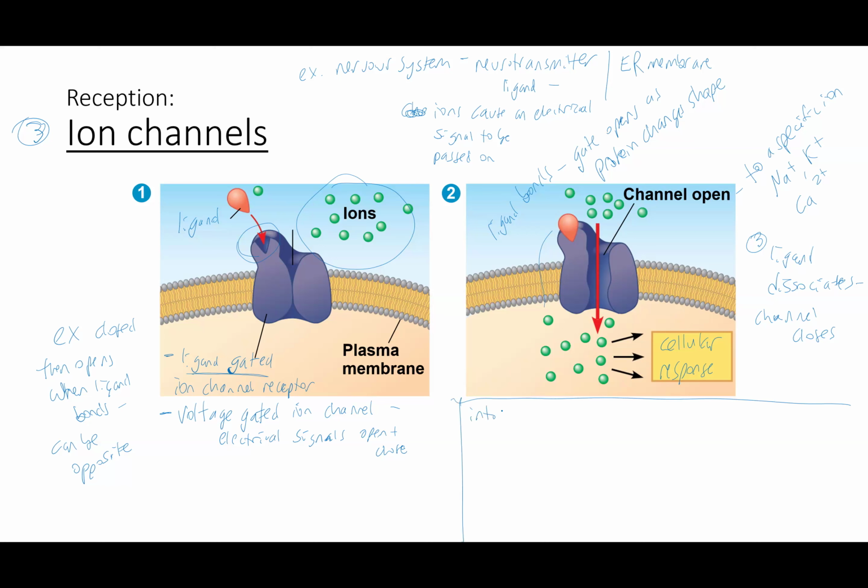You can also have messages that are passed within the cell. So instead of intercellular communication, there's also intracellular reception. So the cell doesn't only communicate with the outside world and cells outside itself, it can also communicate with itself within the cell.